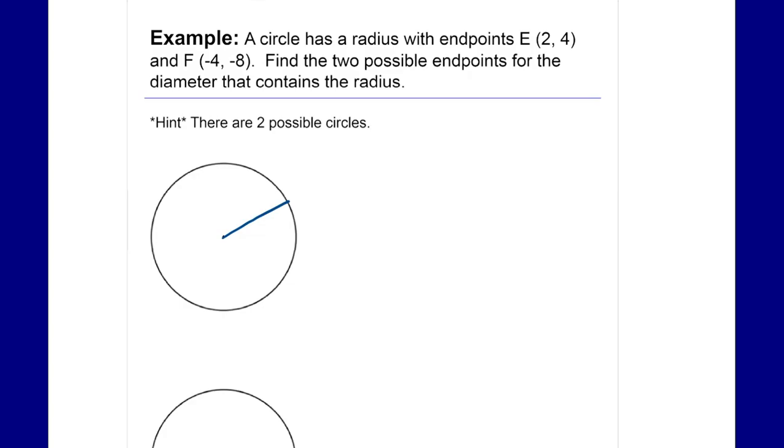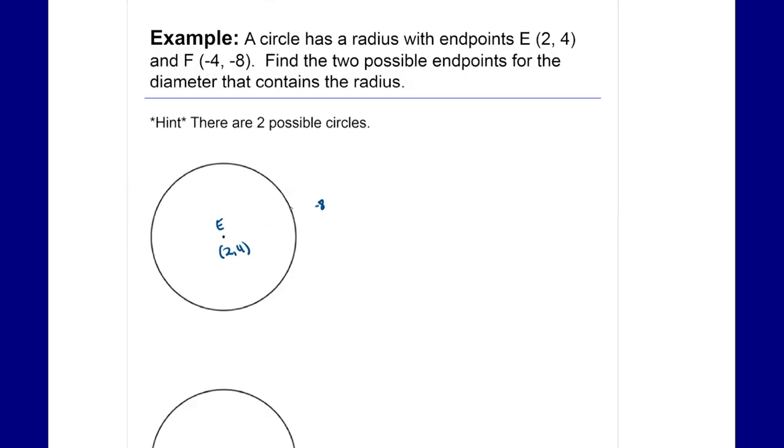So this radius has endpoints E and F: E (2, 4) and F (-4, -8). I want to find the diameter. I guess I'm kind of doing this backwards, right?